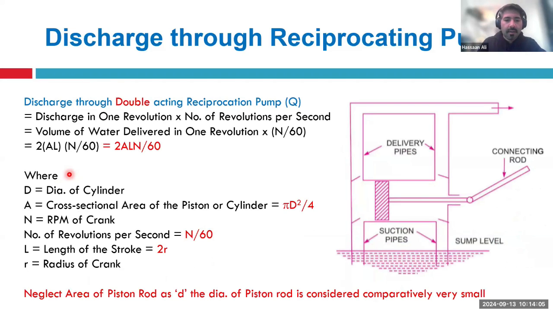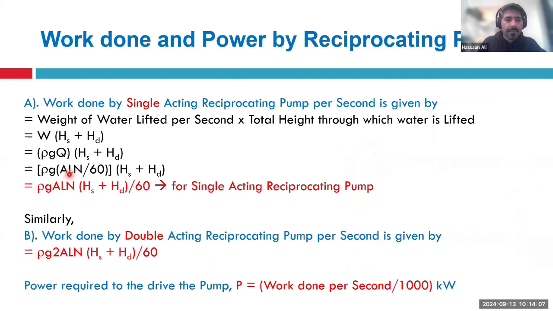And then if you are trying to calculate the work done or the power that is required by a single acting reciprocating pump, the formula for that is the weight of water lifted per second multiplied by the total height through which water is lifted. The total height that the water is lifted is your suction height plus your discharge height.